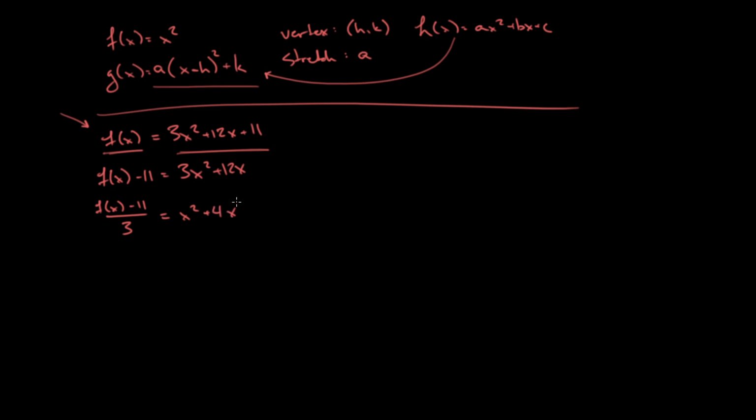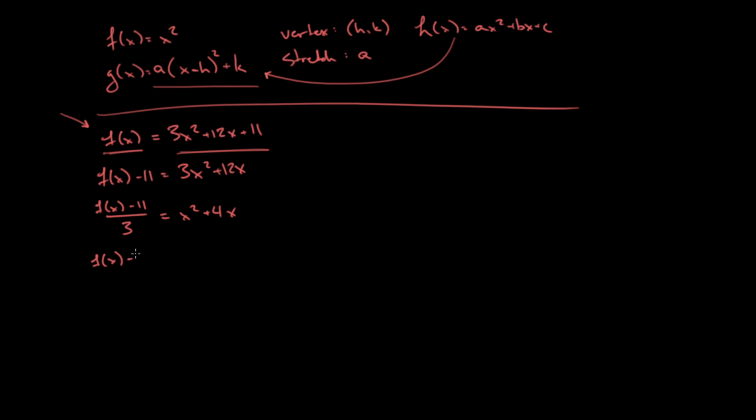Now I can go through the process of figuring out what can I add to both sides to make this a perfect square. So I'm going to ask myself that. What this is going to factor into is x plus 2 squared. That's my goal. So what I have to add to both sides then is 4.